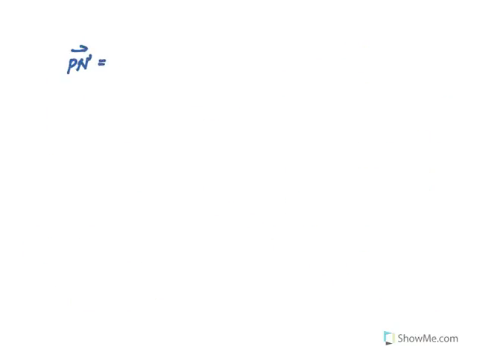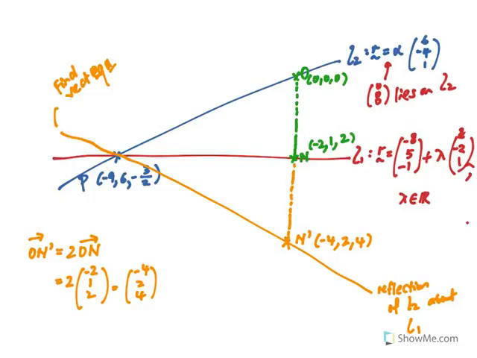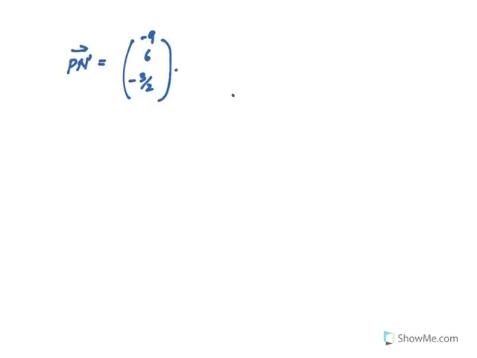This gives us the direction vector of the line of the answer.